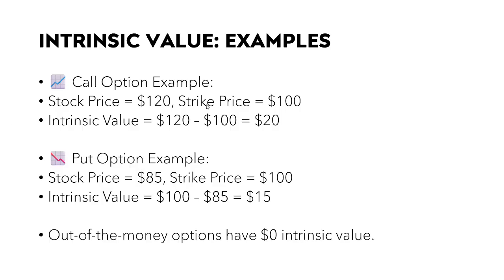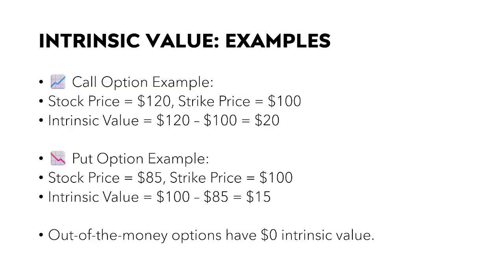Here's a small example. If the stock price is $120 and you bought a contract that is a $100 strike price, this takes the idea of premiums completely out of it. If the value of the stock is 120 and you bought at 100, the intrinsic value of that option is $20, because if it expired today, it would still be worth $20.